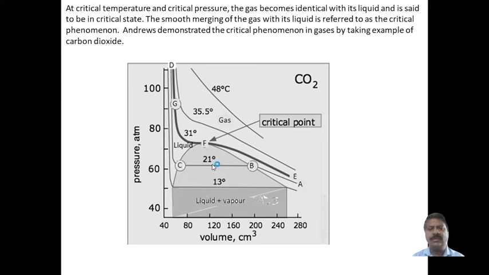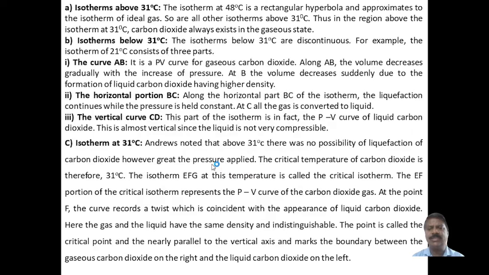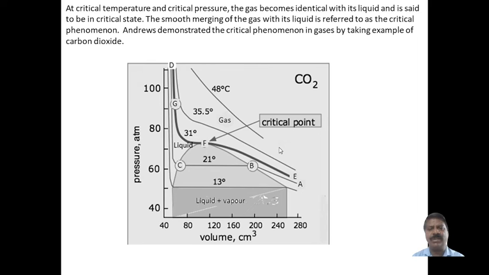Then curve BC, the horizontal part BC. Along the horizontal part BC of the isotherm, the liquefaction continues while the pressure is held constant. At C, all the gas is converted into the liquid state. What happened here?